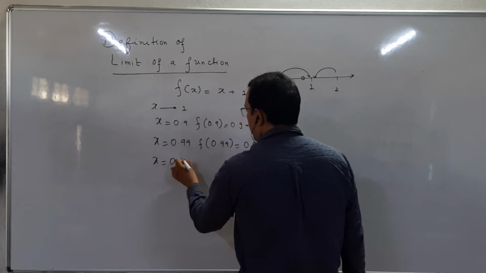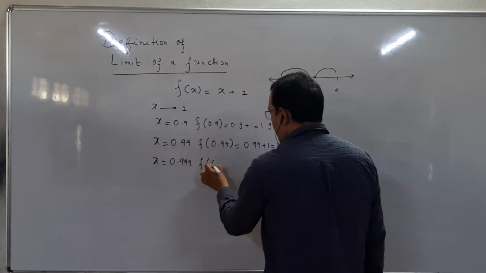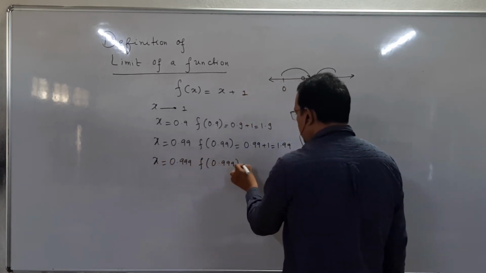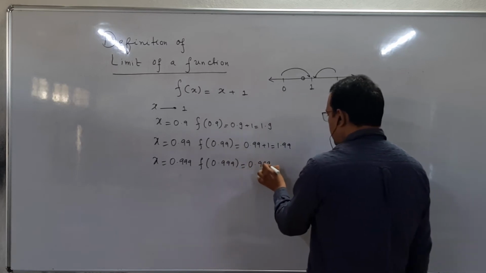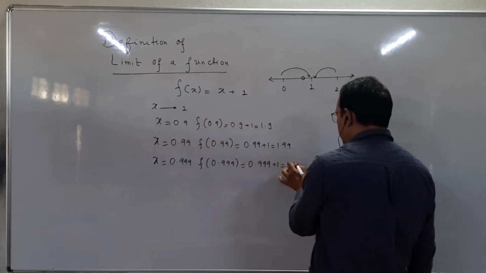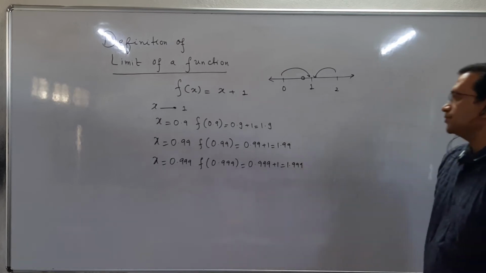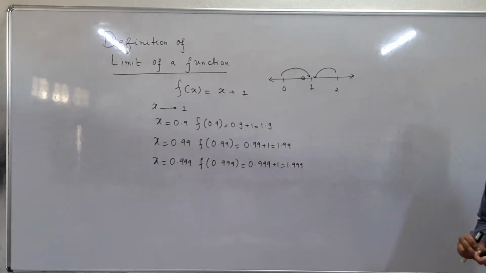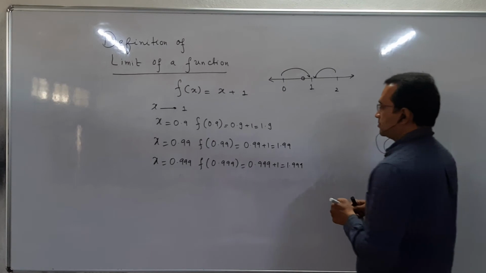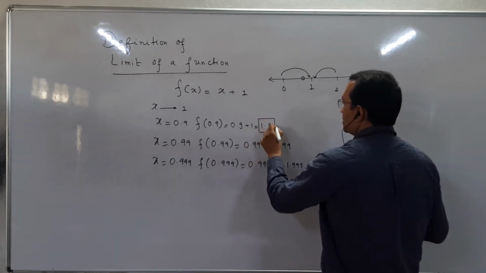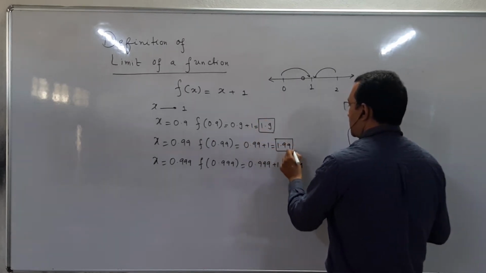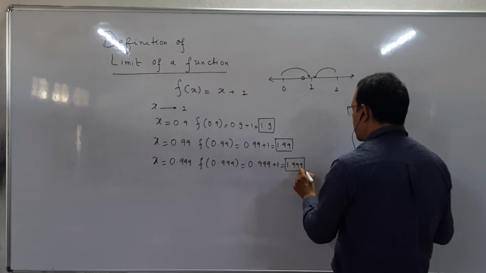Suppose x is 0.999, then f(0.999) is 0.999 plus 1, it is 1.999. Clear? Observe this rhythm. 1.9, 1.99, 1.999.